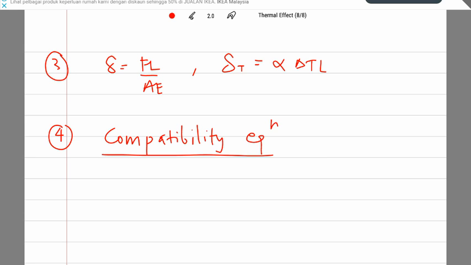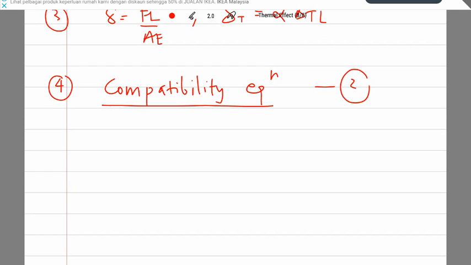So now you have two equations, so you can solve for the internal force. The internal force can be solved by solving both equations, the equilibrium equation and also the compatibility equation, simultaneously. Then you can get the value of the internal force.